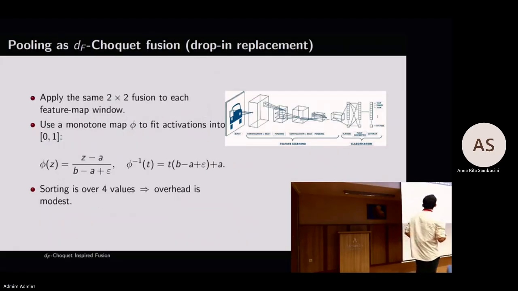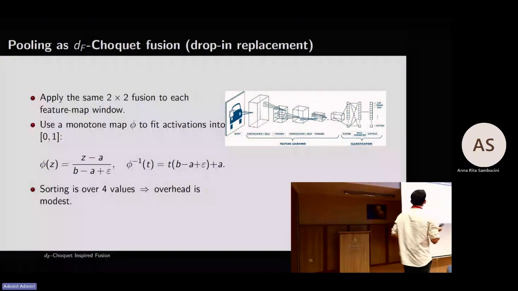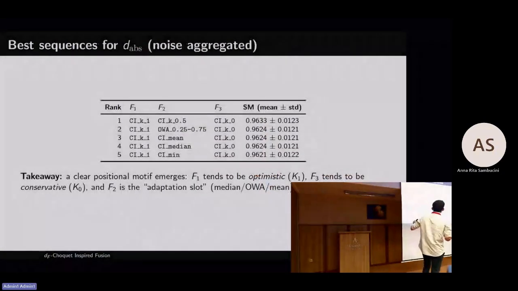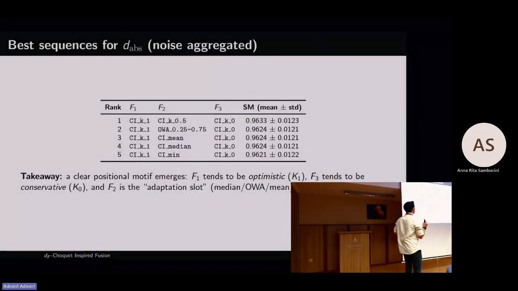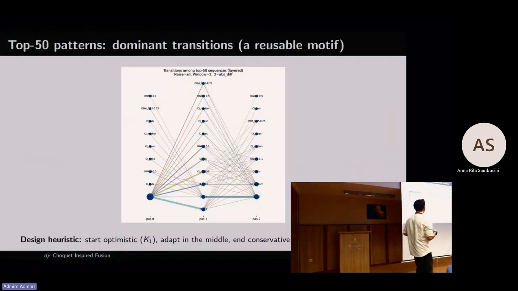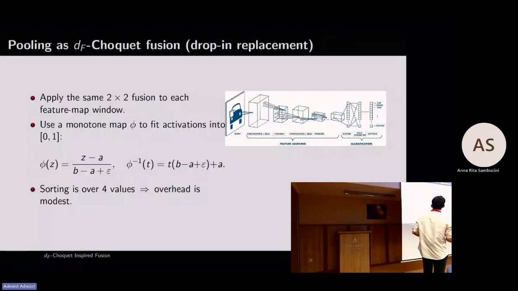And here we have the second application. We now have the five best sequences, these ones. We are going to apply them to a pooling layer in the convolutional neural network.